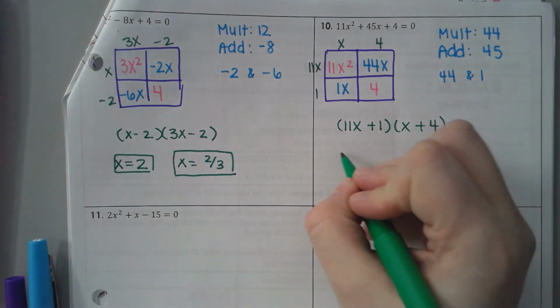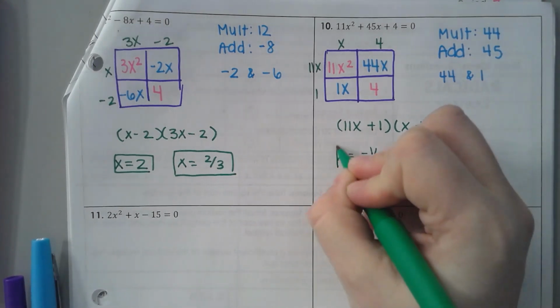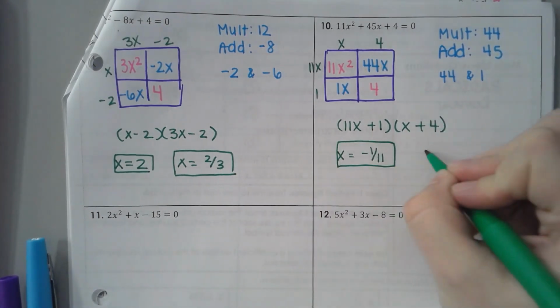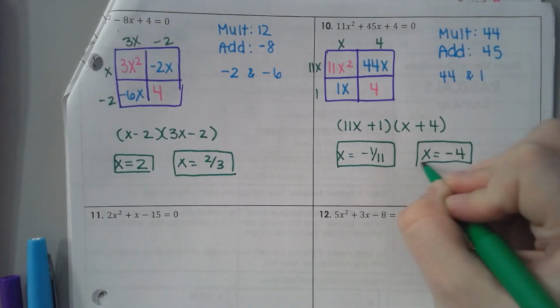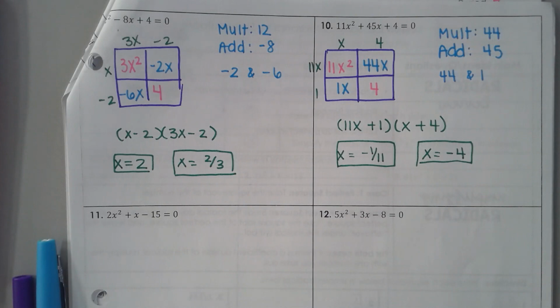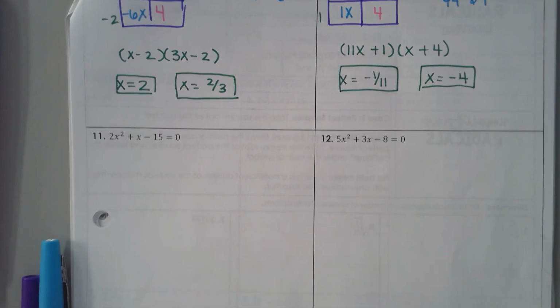And this one would be negative 1 over 11. And x equals negative 4. Now numbers 11 and 12 I want you to do, but I'm just going to come check them off on your paper.